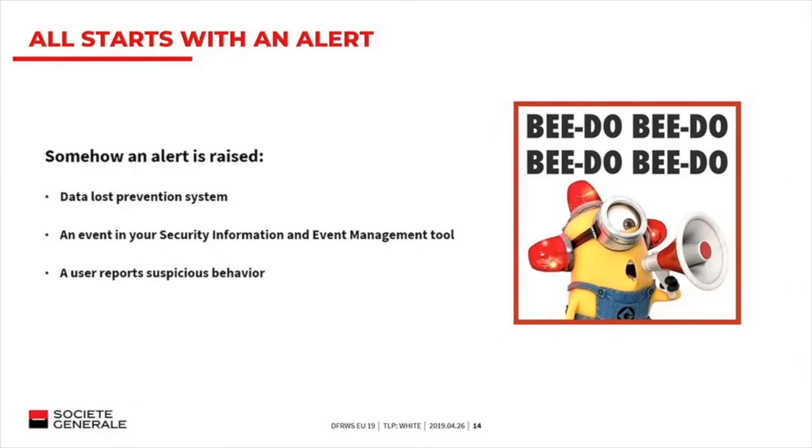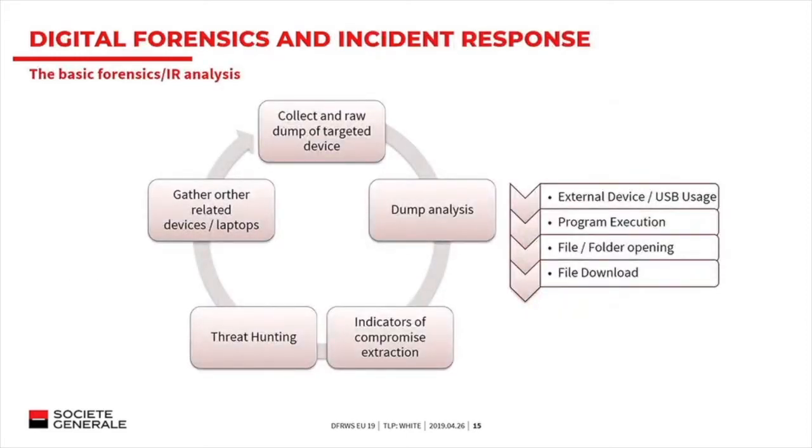It all starts with an alert. Somehow an alert is raised. Maybe it's your DLP system, or your event management tool, or a user that reaches you because he spotted a suspicious behavior on his computer. So you directly start your basic forensics layers.